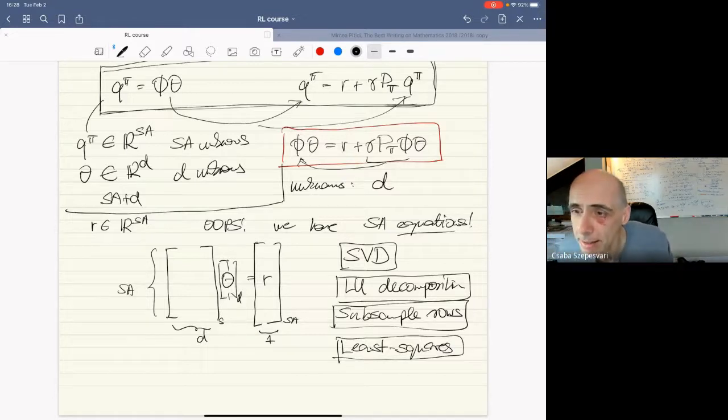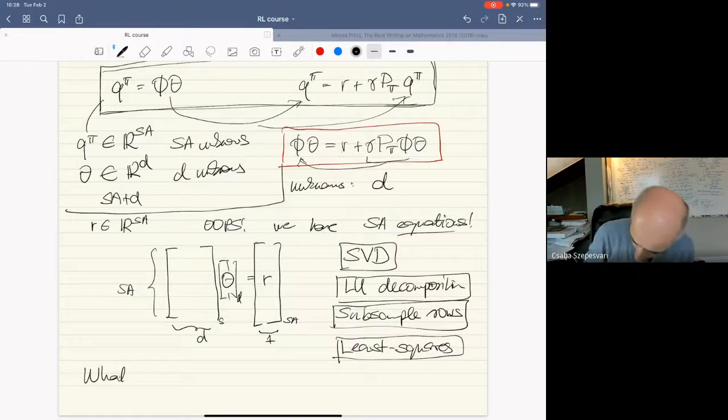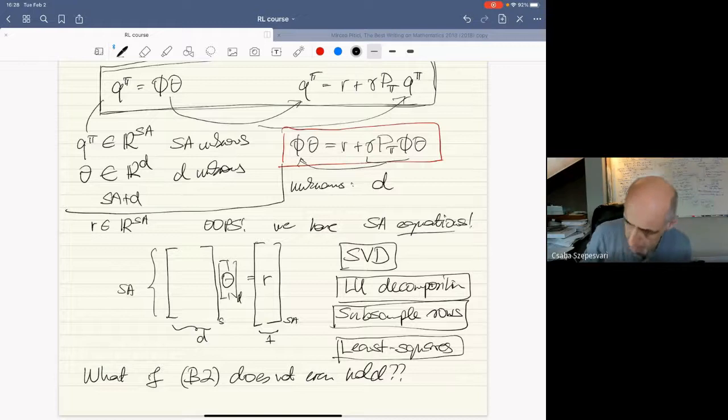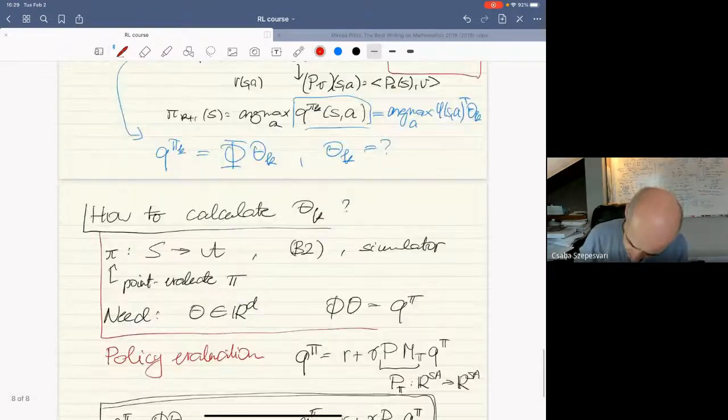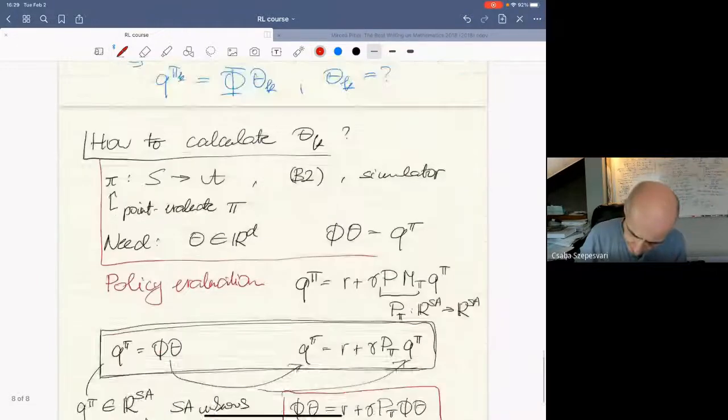Oh, Macron is asking, what if this linear system doesn't have any answers? What if B2 doesn't even hold? Oh my God. So we want a robust solution, right? That's a good point.